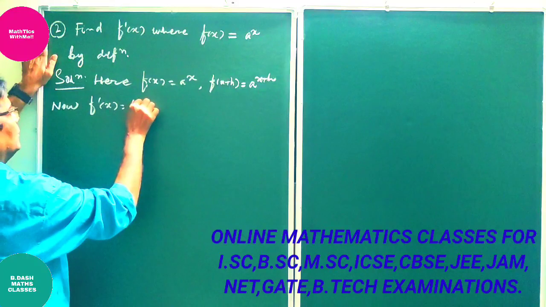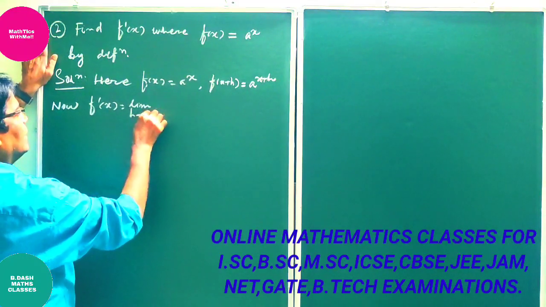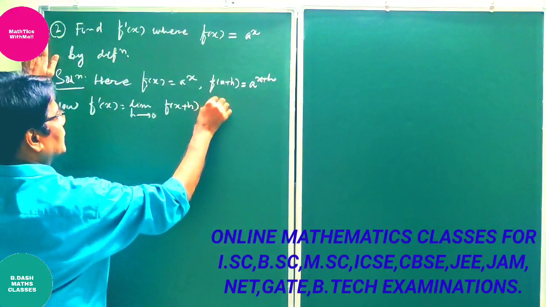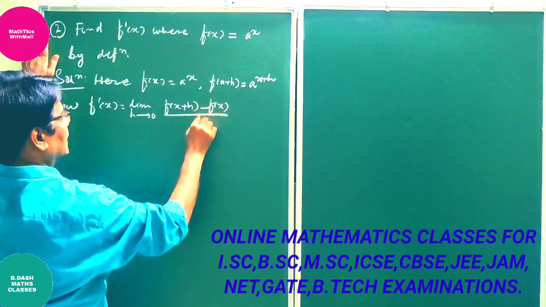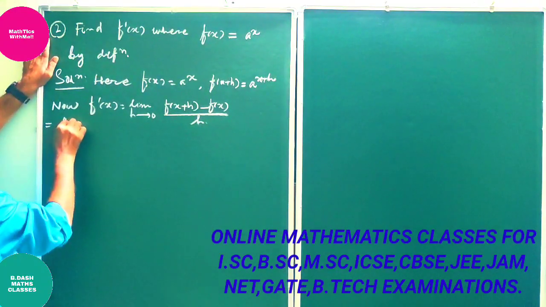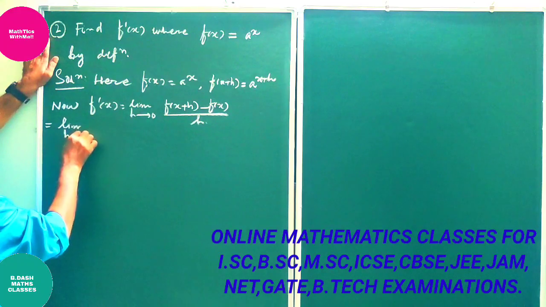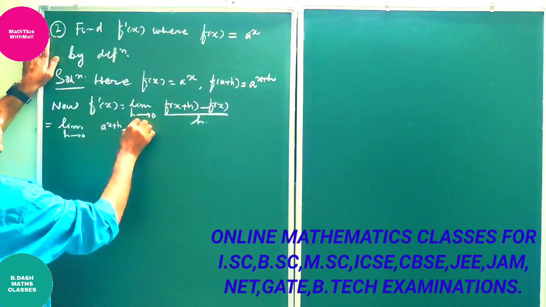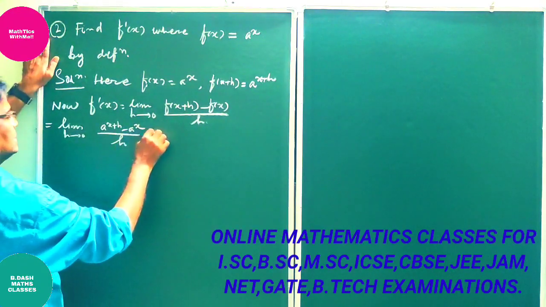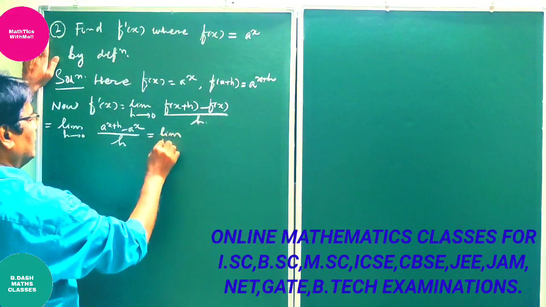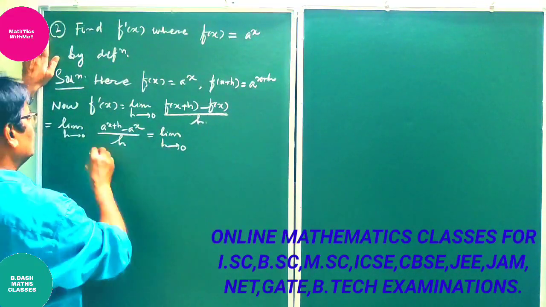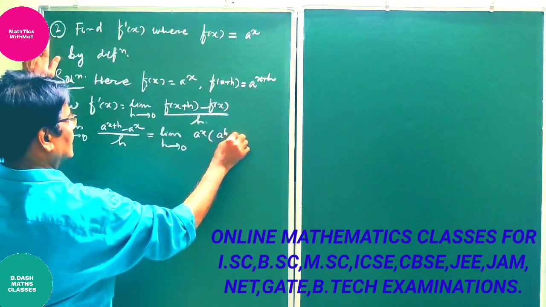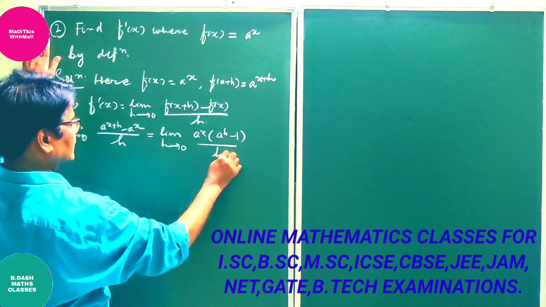This is equal to limit h tending to 0, f of x plus h minus f of x by h. So this is limit h tending to 0, a to the power x plus h minus a to the power x by h. Limit h tending to 0, a to the power x common, a to the power h minus 1 by h.